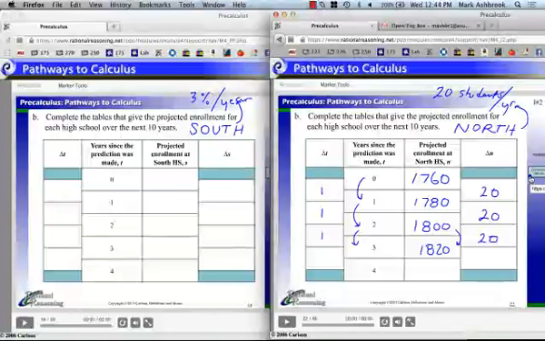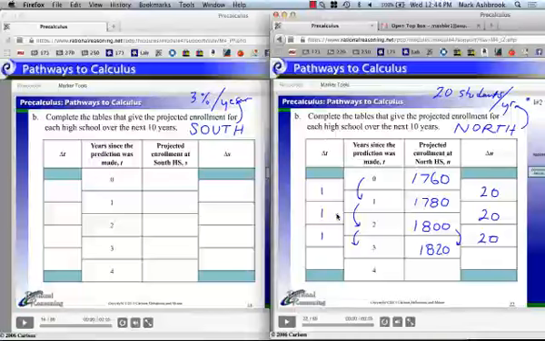Does that sound familiar? Equal changes in the input are resulting in consistent changes in the output. What is that? Who has learned something this semester? What is that? Constant rate of change. We said this, equal changes in the input result in consistent changes in output. That's constant rate of change.